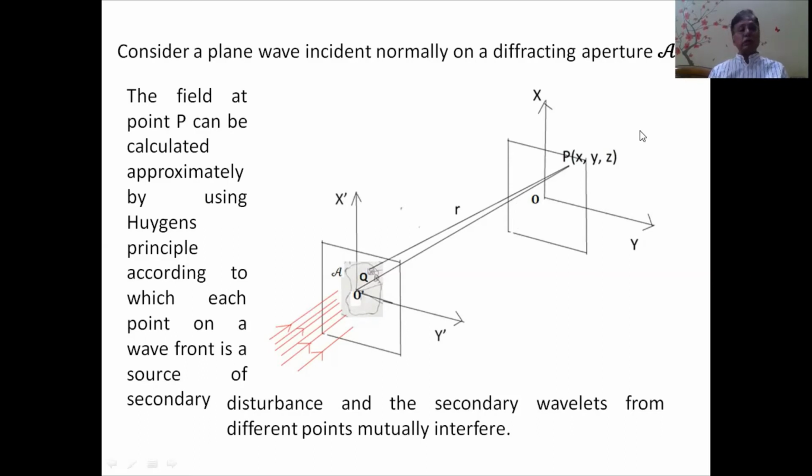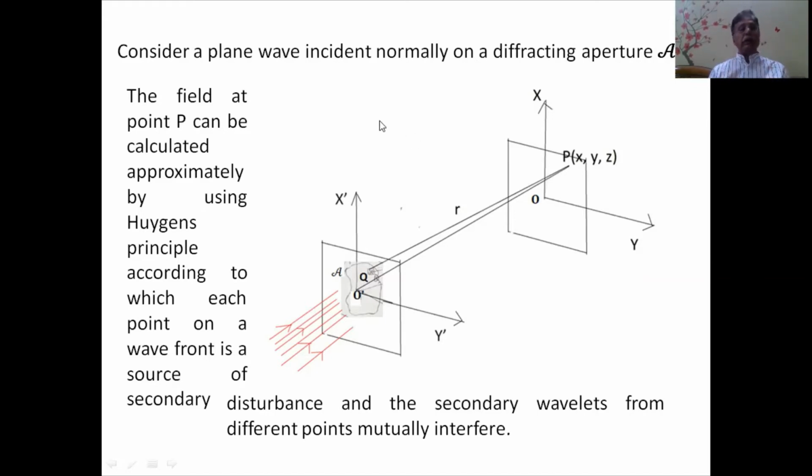So we have this as aperture A, and this is the origin O dash, this point is Q, and this point is P. The distance between P and Q we have taken as R. Here the origin is O, and this point is P(x, y, z).